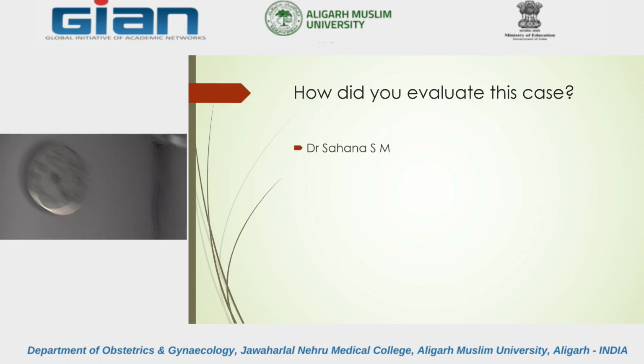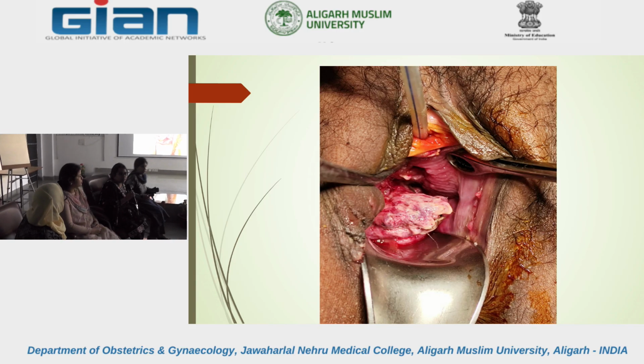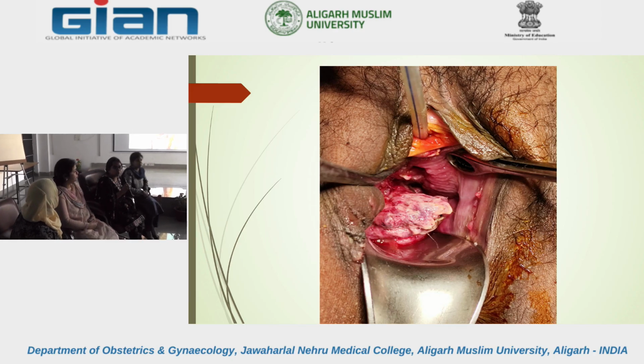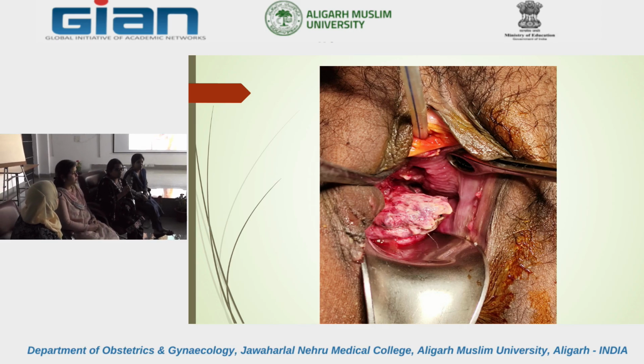So we have taken a detailed history of this patient, including the personal and obstetric history. So when it came to obstetric history, what is most important for us was the duration of the labor, where she was delivered, who conducted the delivery, and the mode of the delivery. Because as we know, the prolonged labor can cause avascular ischemia, tissue necrosis, and delayed presentation of the VVF.